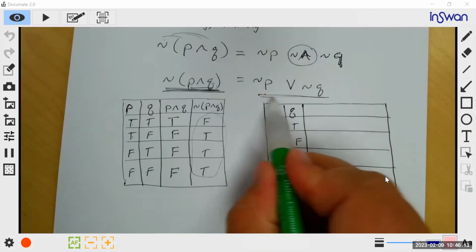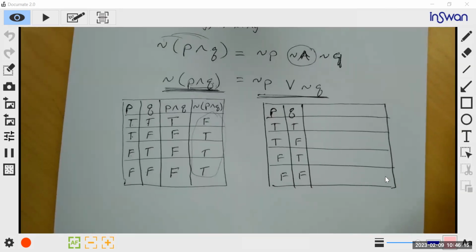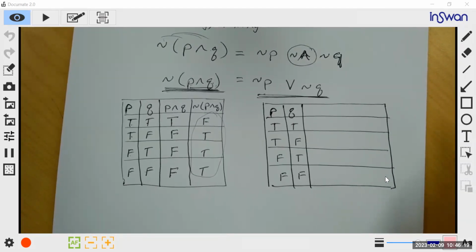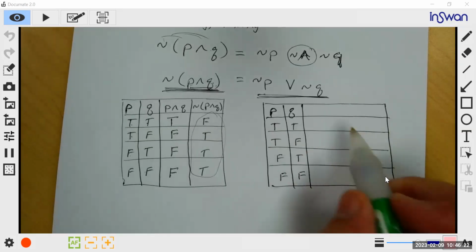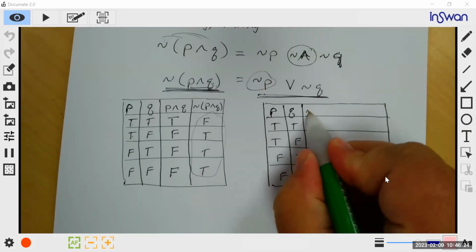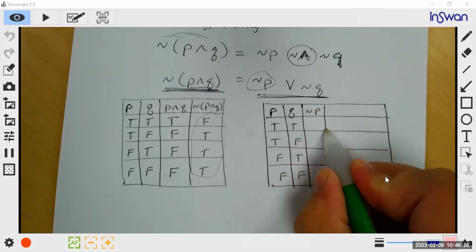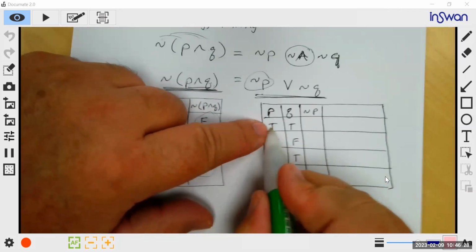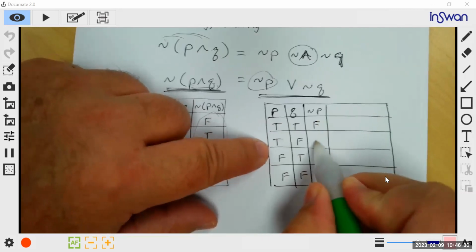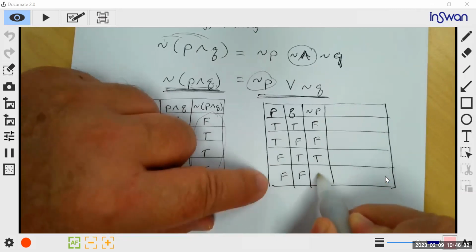We're doing this side now. What do I have to build first? I have to build the not P. So it's the opposite of the P column. So it's false, false, true, true.